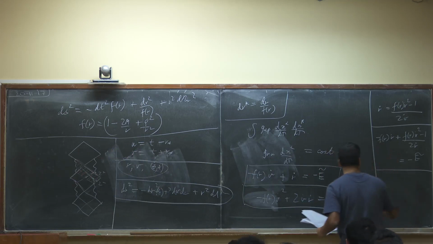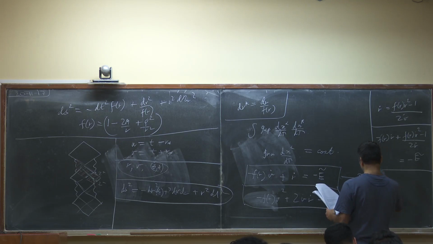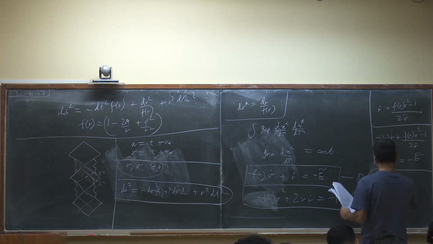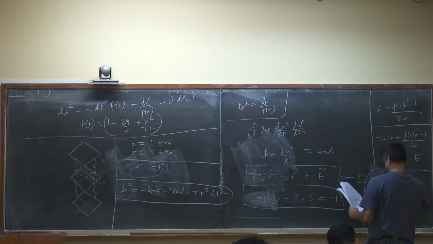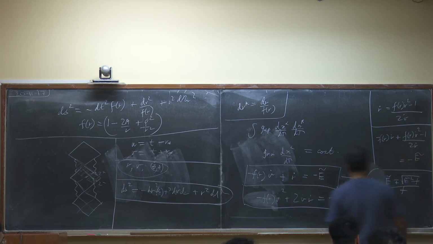This guy claims that the solution is v dot is equal to E tilde minus plus square root of E tilde squared minus f, divided by f.